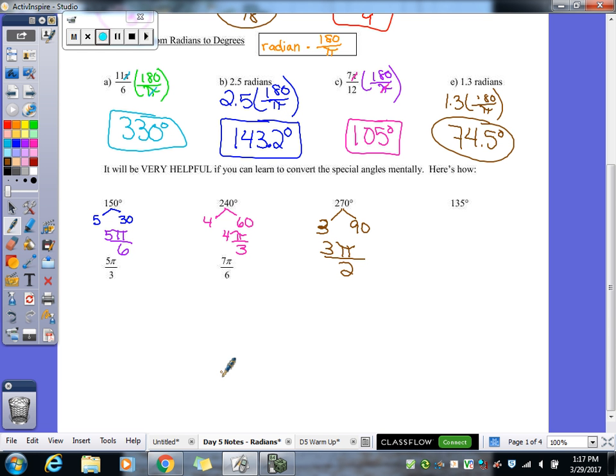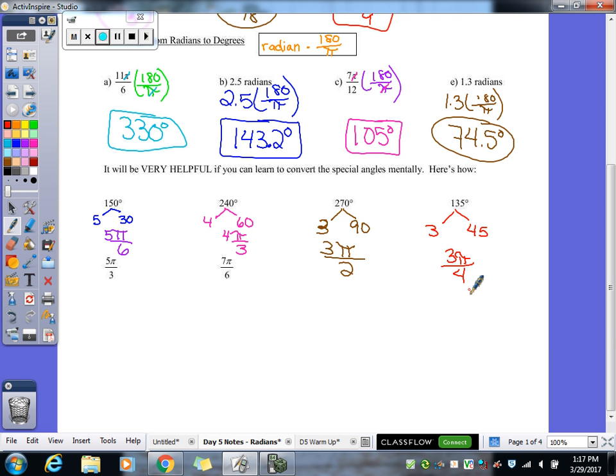So that'd be 3 pi over 2 is your 270. 135, whenever I get one that ends in a 5, I always try my 45 first. So does 45 go into 135? Yeah, I believe it's 3 times. So then our 45 we said was pi over 4. So this would be 3 pi over 4.